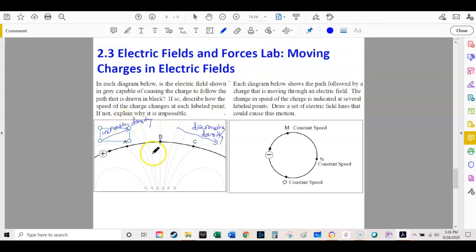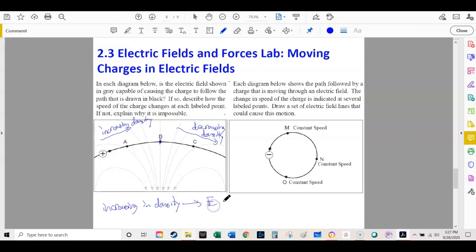So what does that mean? Well, it means the electric field is getting stronger. E is increasing in strength. Well, here the electric field is decreasing in strength. So if the electric field lines are increasing in density, that means it's getting stronger.